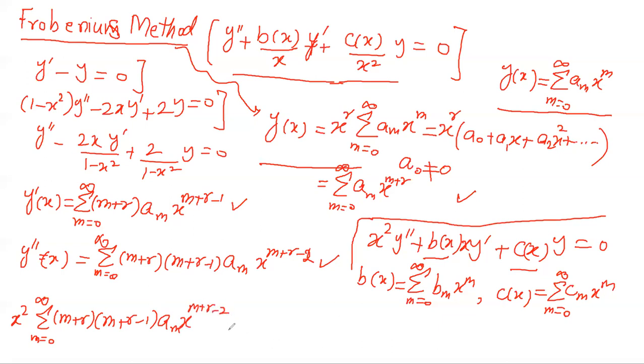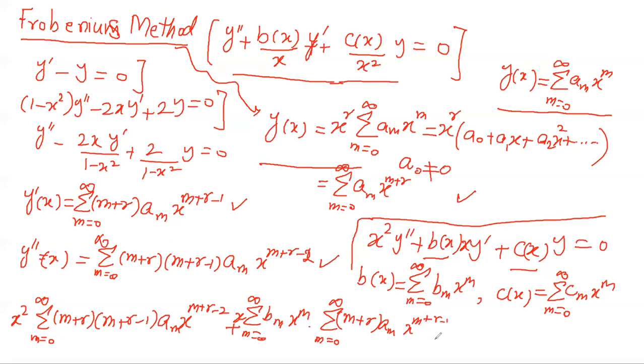Okay, and then for b of x you will have this series, the sum from m equals 0 to infinity of b_m x to the power m, multiplied by x. So I will put x over here, and then another sigma notation for y prime: the sum from m equals 0 to infinity of (m plus r) a_m x to the power m plus r minus 1.